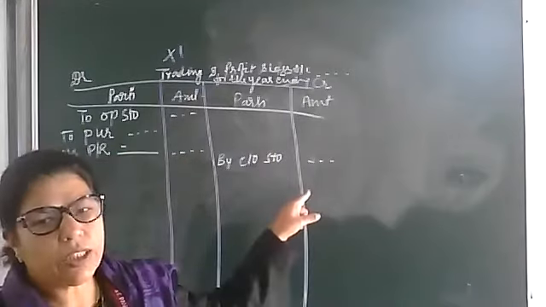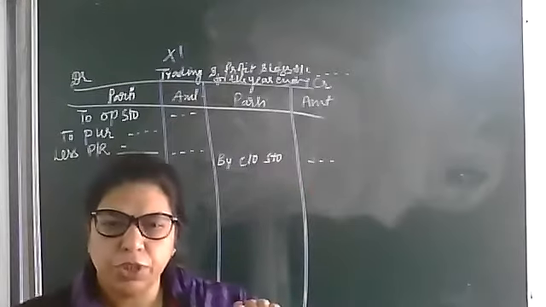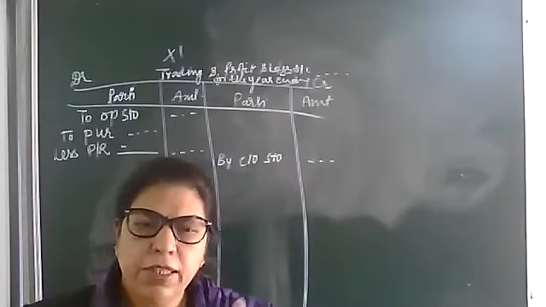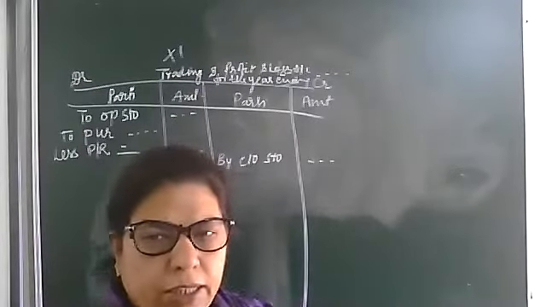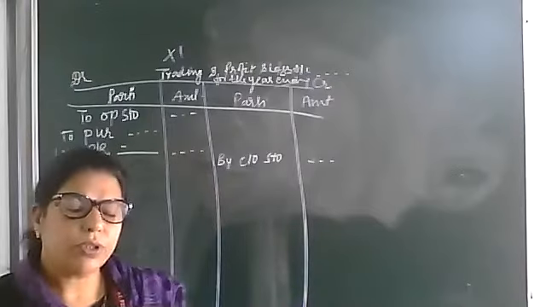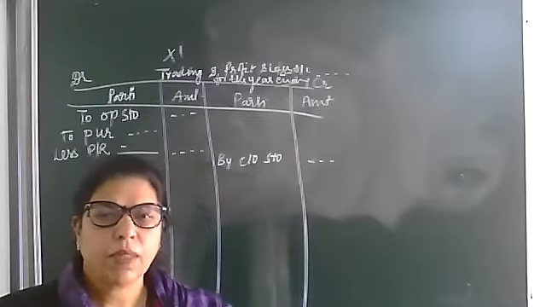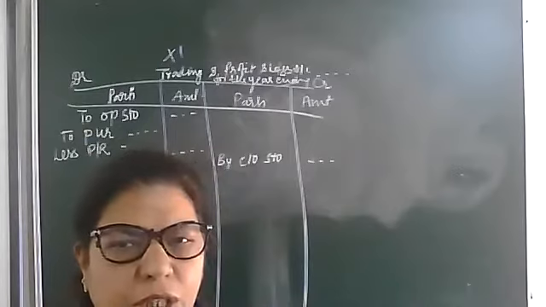And at the closing date, by closing stock you will include inventory held in the godown at the end of the financial year, and closing inventory includes raw material, work in progress, and finished goods. Got it?